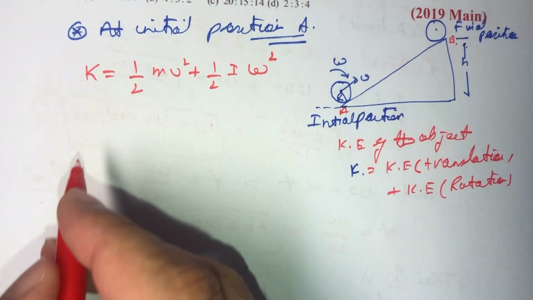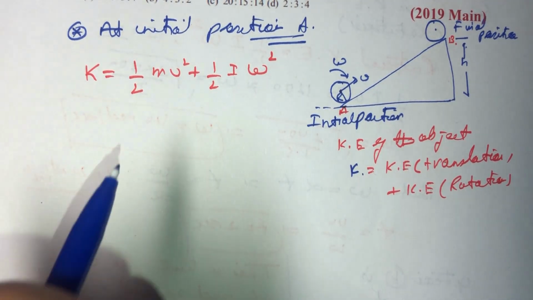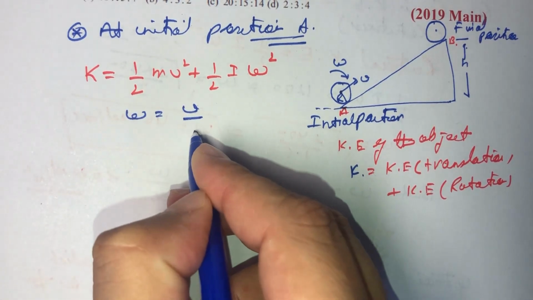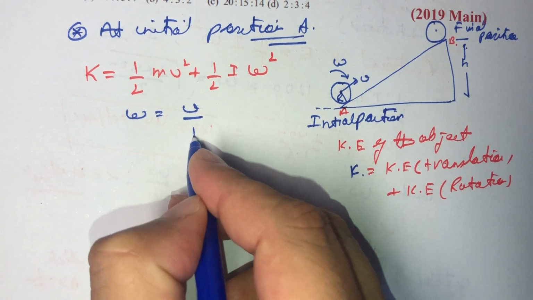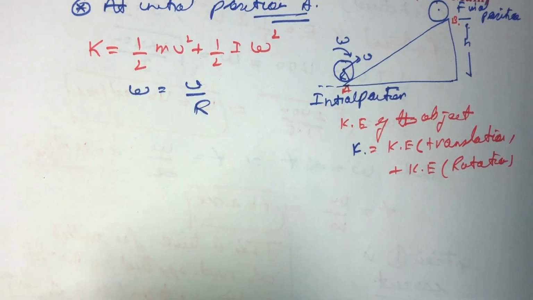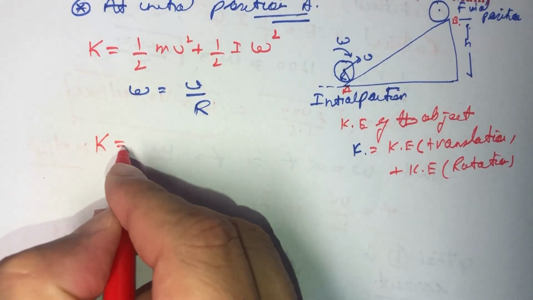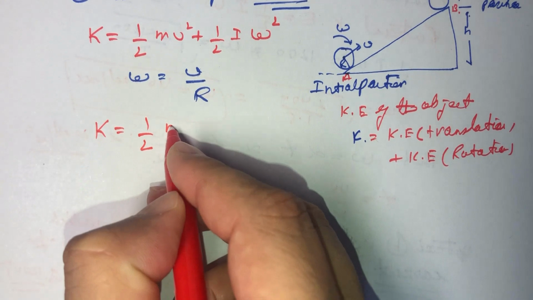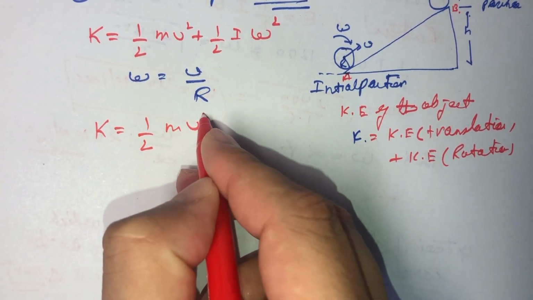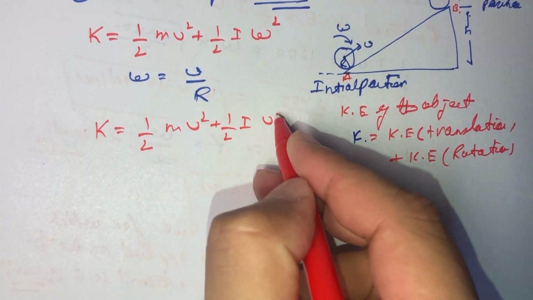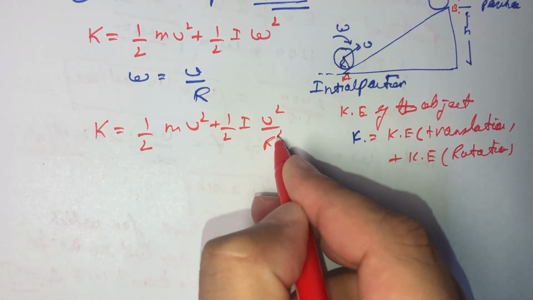And we also know that the angular velocity is equal to the linear center of mass velocity divided by its radius. Therefore the kinetic energy K will be equal to half mv square plus half I times v square upon r square.